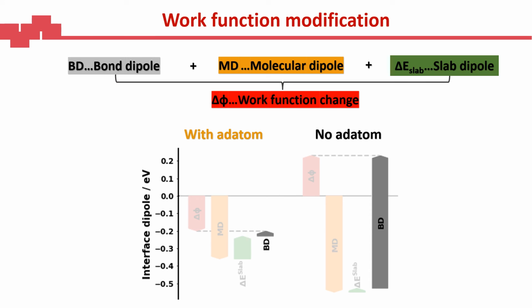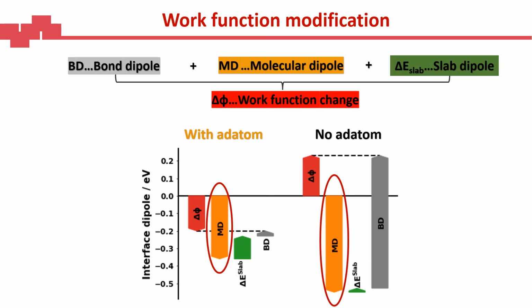First of all, we have the contribution of the bond dipole due to the net charge transfer across the interface that we just saw on the previous slide. Then there is the molecular dipole that arises simply from the asymmetric geometry of the molecules at the surface. And last but not least, there is the dipole of the slab, but this only contributes a little bit in case there is an adatom at the surface.